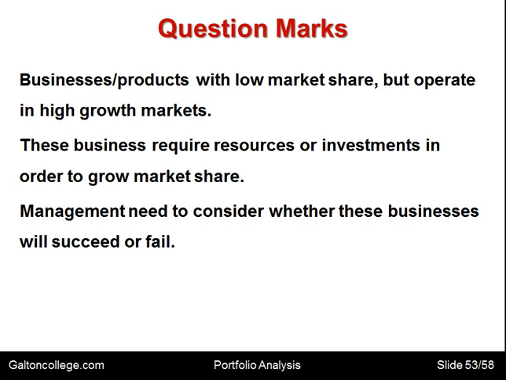As I said, it could fall to being the worst, a dog, or it could increase to be a star. It can go in either direction. And if you look at the Boston Matrix, the diagram we had earlier, you'll see that it can go either direction.